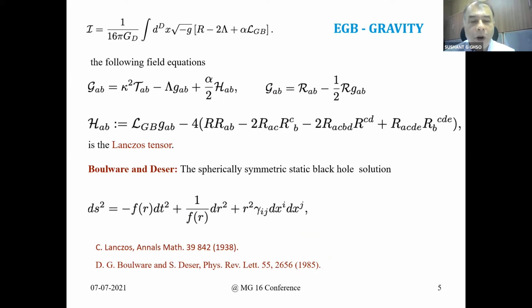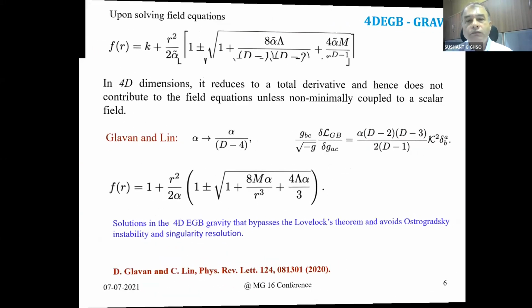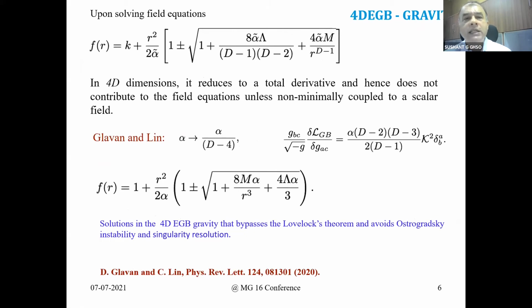Now, the first very important solution to Einstein-Gauss-Bonnet gravity was given by Boulware-Deser, which is a very famous solution, which has this form. This was the first solution for the low energy heterotic string theory, that is Einstein-Gauss-Bonnet theory.